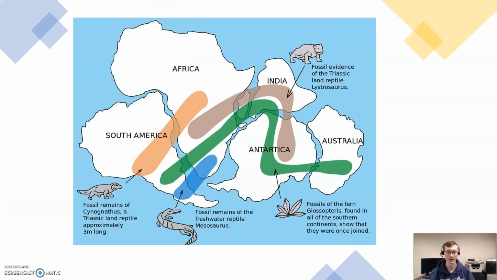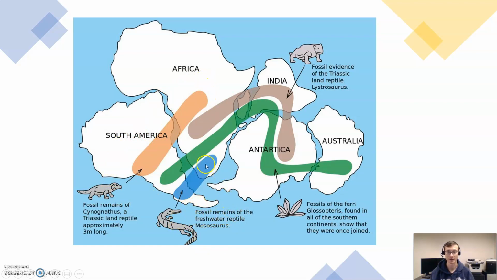And let's spend a little time on this one, seeing now this is the very southernmost piece of that continent that we were looking at earlier. And you can see that putting the continents together like this, all of a sudden the distribution of fossils makes sense. For example, the Mesosaurus, here we see a freshwater reptile.